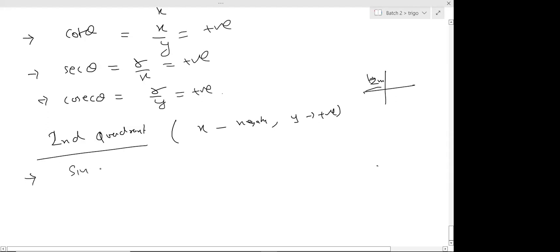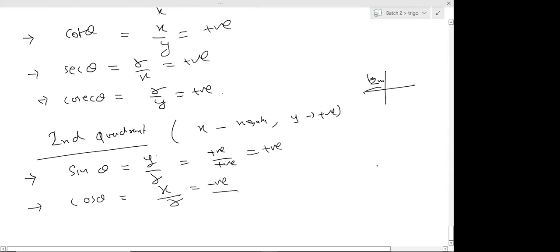So in here, sine theta is y upon r. So y is positive, r is always positive. So this is positive. Cos theta, here x is negative and r is positive. So this value will be negative.